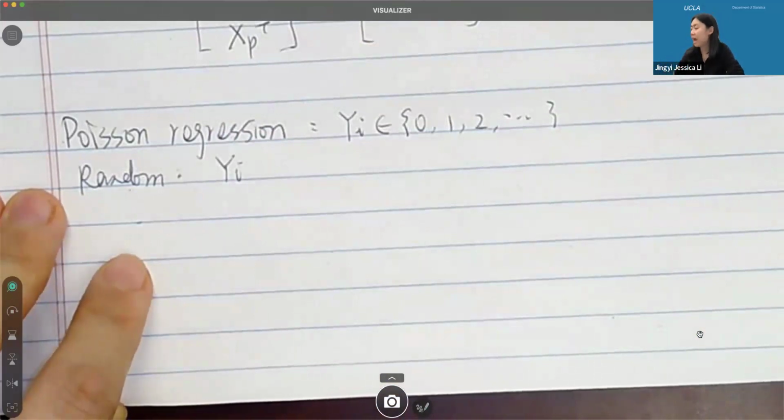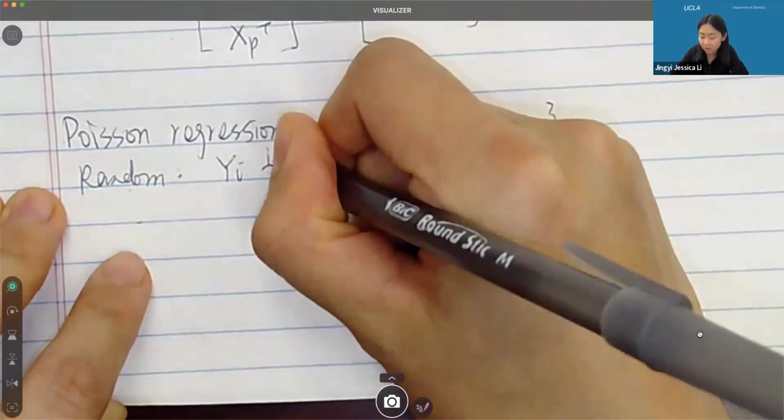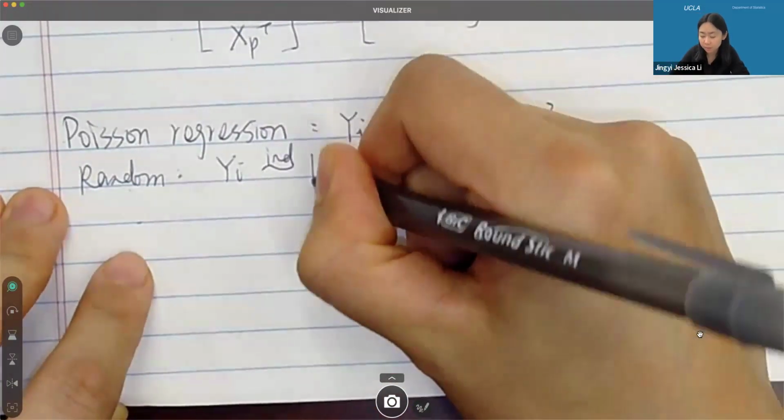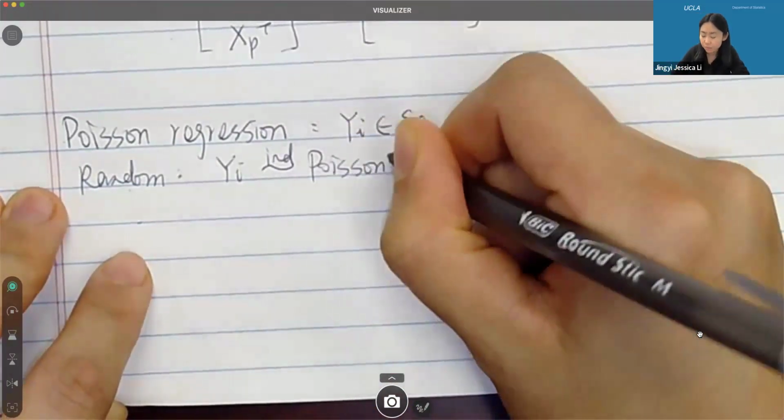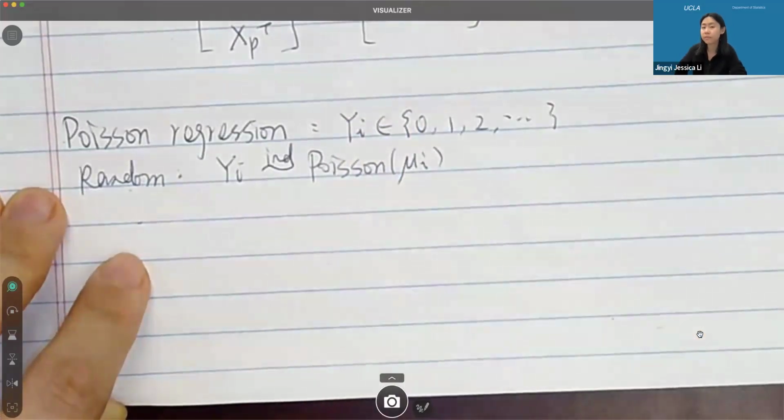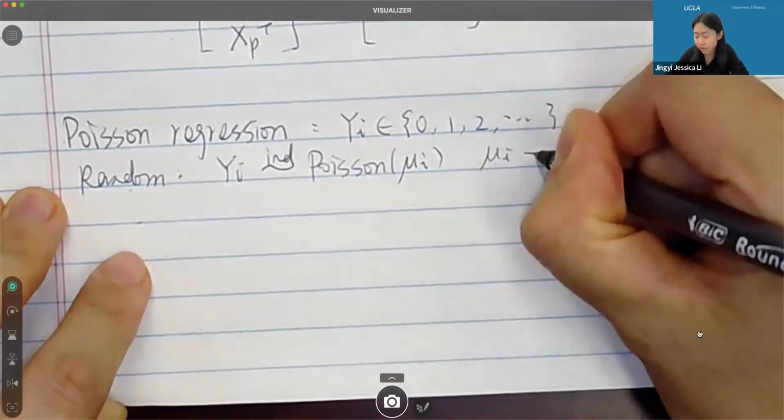If you haven't really thought about why Poisson is a natural distribution, it's worth checking. There are events happening in real life that are just Poisson, just like Gaussian, right? These are natural justifications of why they are reasonable distributions to assume. Here, the yi independently follow a Poisson distribution with a mean parameter mu i. Poisson has only one parameter. A very important property is that the mean and the variance are equal. And the parameter mu i is positive.